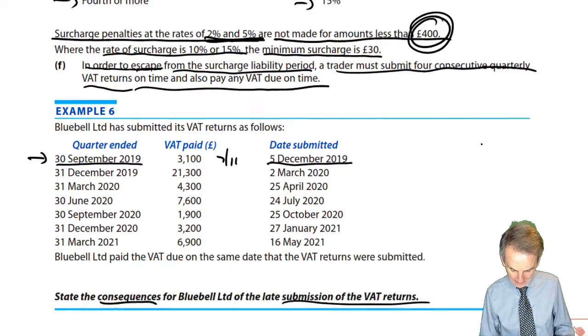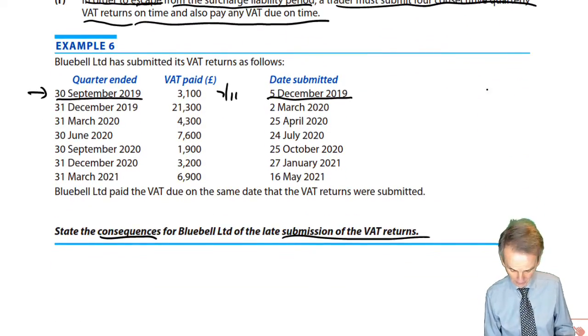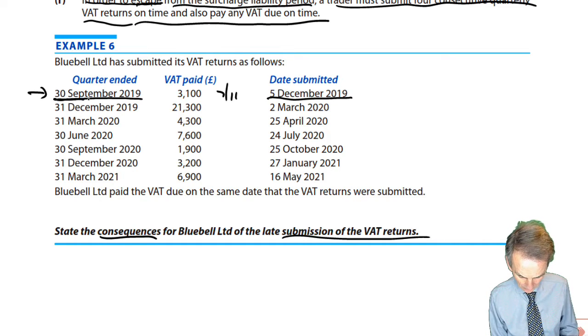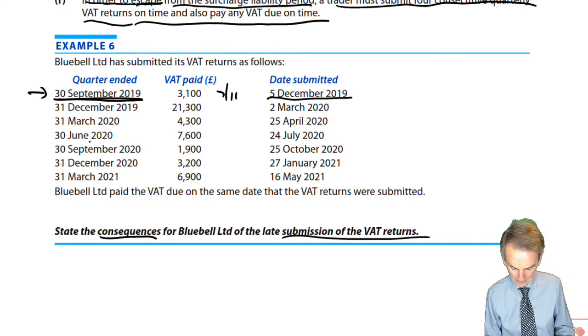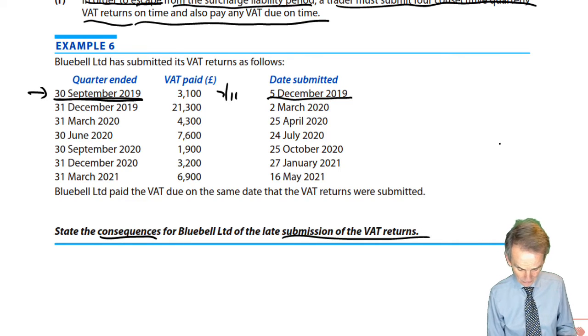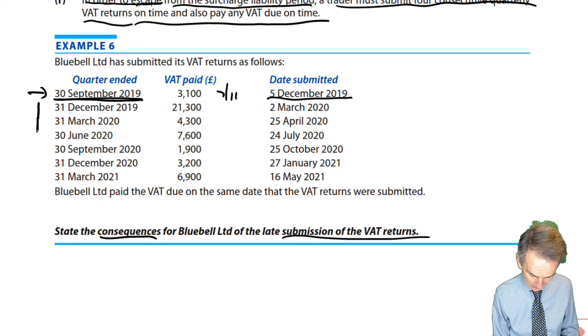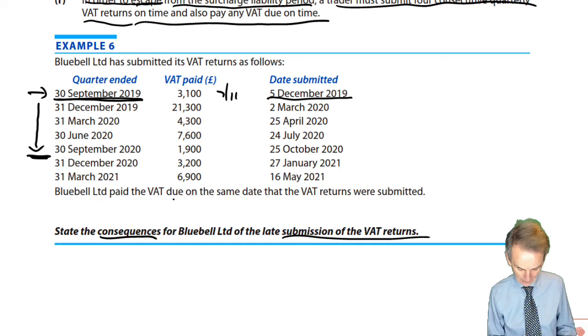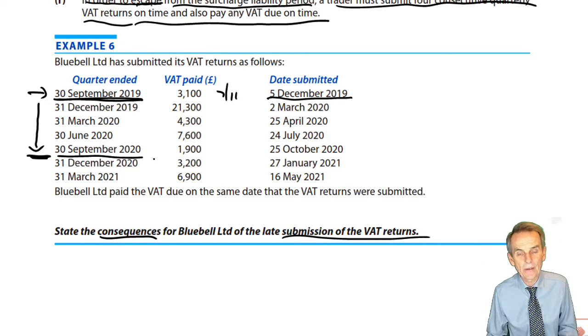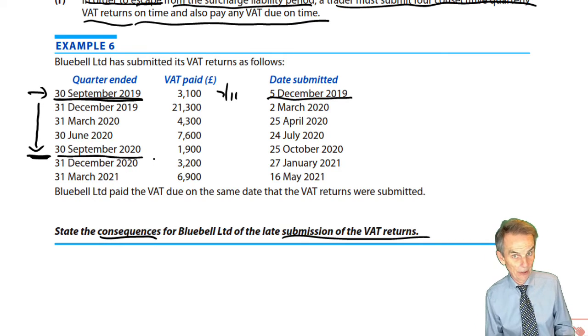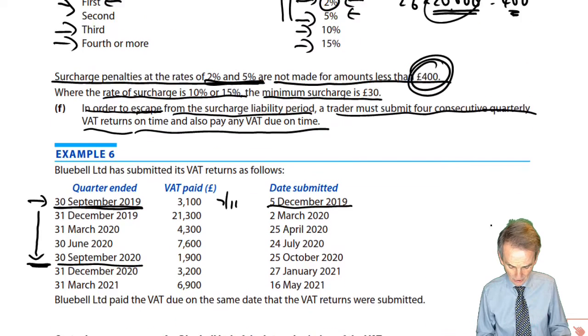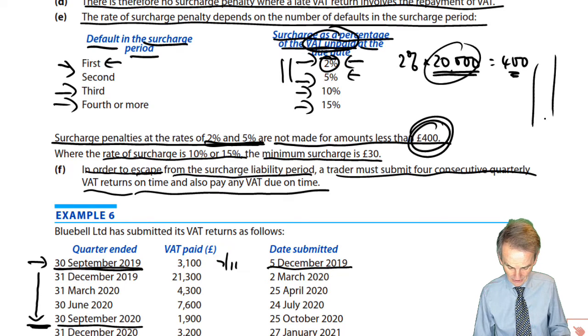So, having fallen foul of the system for the quarter to the 30th of September 19, we will have a surcharge period that runs through the next one, the second one, the third one, the fourth one, to again their 12-month anniversary. That'll be the 30th September 20. And if within that period we have further defaults, then of course we're into the penalty system, and that's where this table comes into play.